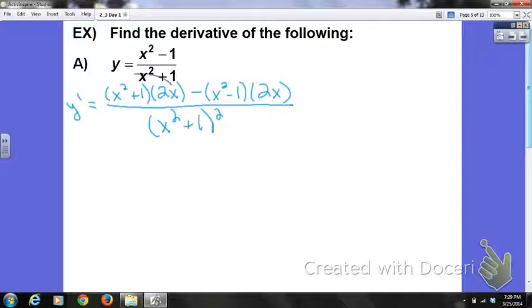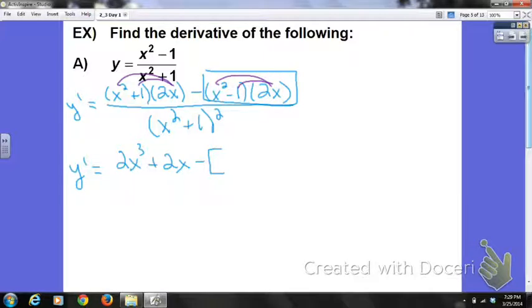When I distribute in the back end here, we have y prime, our derivative, is equal to 2x cubed plus 2x minus, this is where students make mistakes, it's minus the product of this. So we have minus the quantity 2x cubed minus 2x.